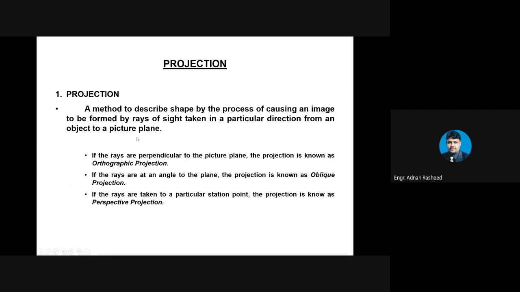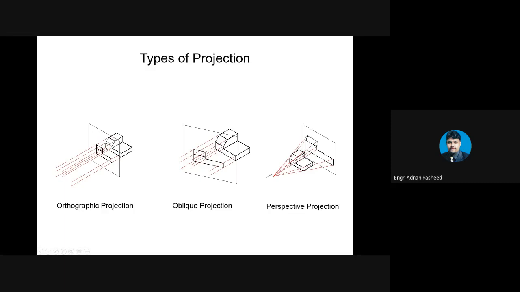So in this example, this is the object, this is the picture plane, and these red lines are the rays of sight originating from the object and hitting the picture plane. These red lines are known as projectors.